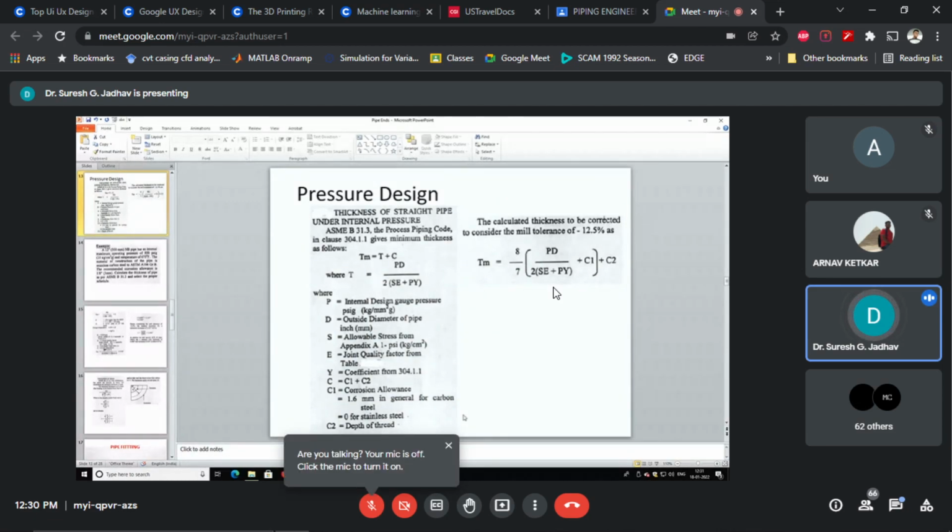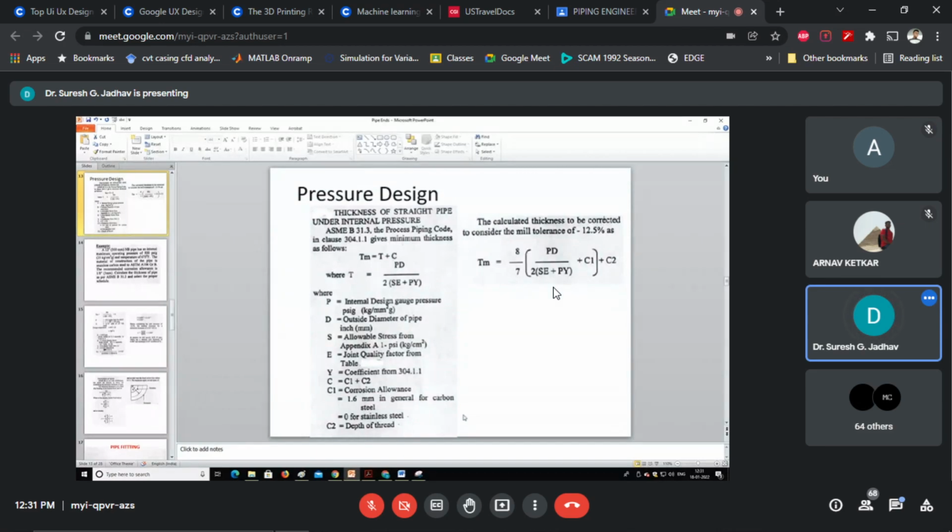And E is the joint quality factor. Again, we have to select joint quality factors from the tables given in ASME B31.3. And Y is the coefficient from clause 304.1.1. From this clause, we can select the coefficient.